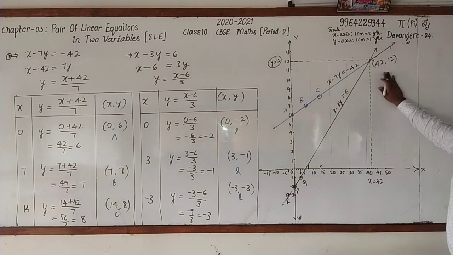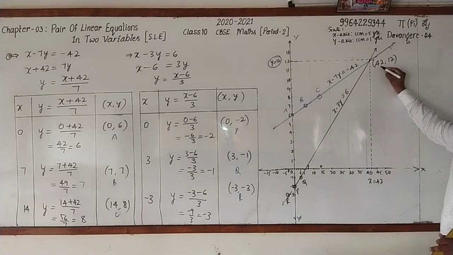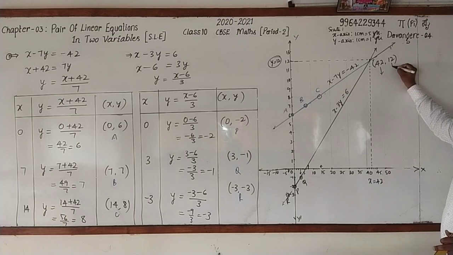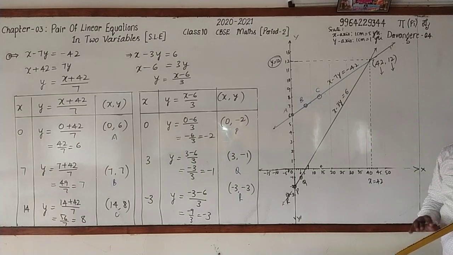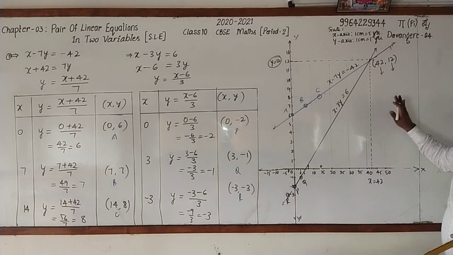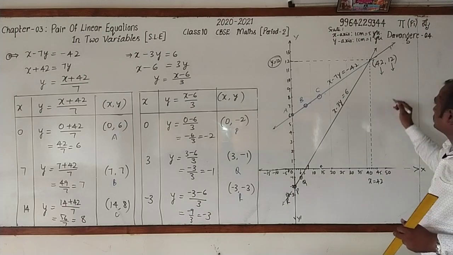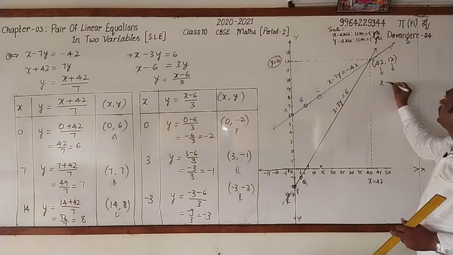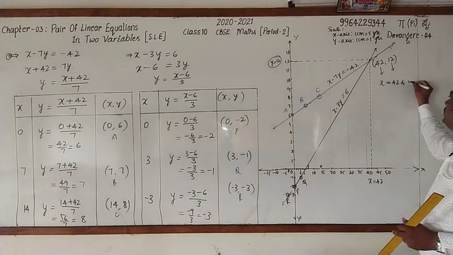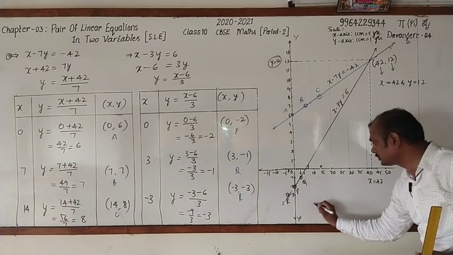This is the unique solution. That means when the father's age is 42 years, then the daughter's age will be 12 years. Clear? Hope that you have understood. So here I'll write x equal to 42 and y equal to 12. Conclusion.